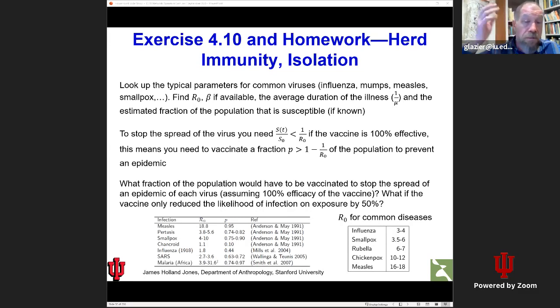And that means either 80% of the population has to get the disease, or you have to have a vaccine that's effective and you have to have 80% of the population vaccinated, or some mixture of the two. If you assume that you have herd immunity at 80% and you don't have a vaccine and the death rate is 1%, then that means 0.8% of your population will die.